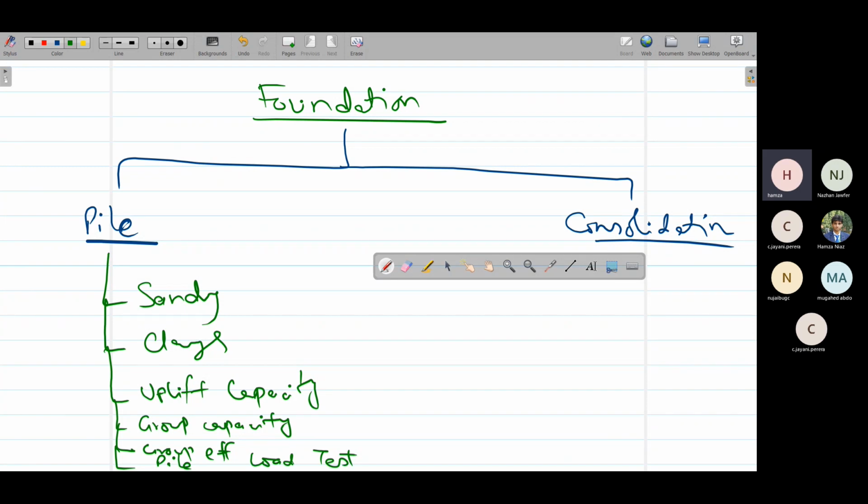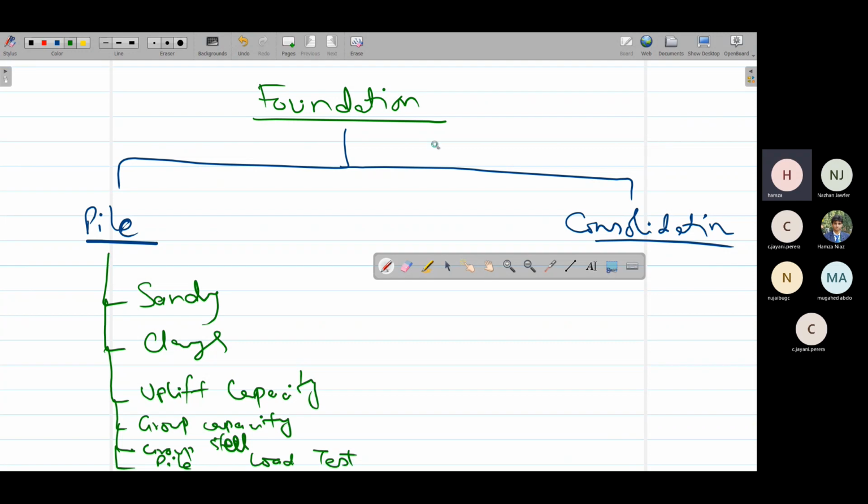First, we have to design in sandy, then clay, then the uplift capacity of the pile. Then for grouped piles, we have to determine its capacity, its efficiency, and also its settlement, the group settlement of the piles. And the last thing is the pile load test.